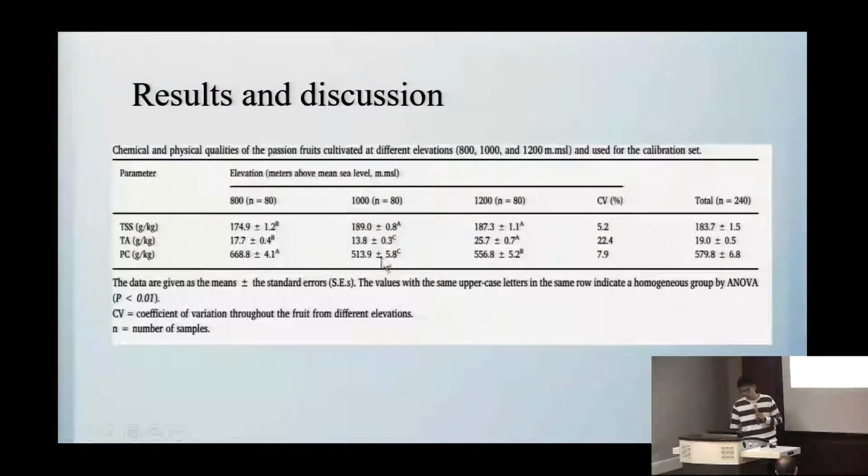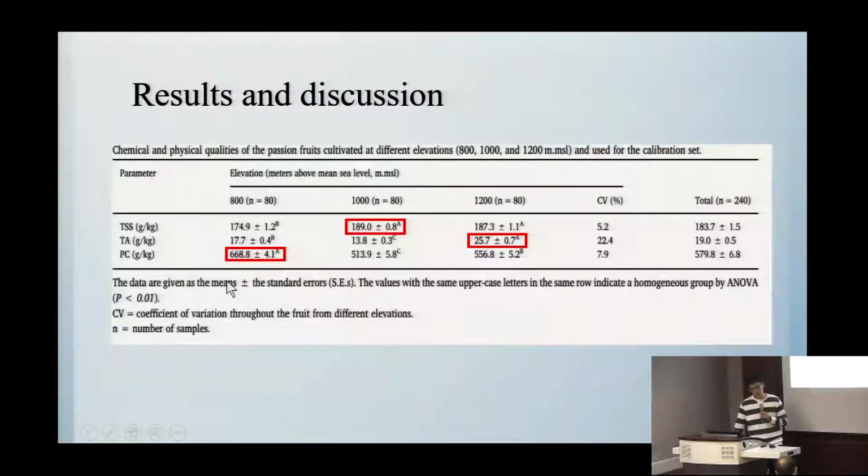Here's the chart we have. First, we can see the TSS value is the highest at 1000 meters, and for the sourness, TA, 1200 is the sourest, and the 800 has the most pulp content.